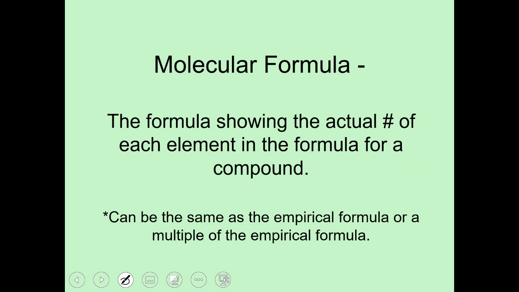Like if you did an empirical formula calculation for glucose, you would get this, but the actual or molecular formula is, remember, C6H12O6. There's a multiplier, and in this case, it's 6, that gets you from the empirical to the molecular formula.